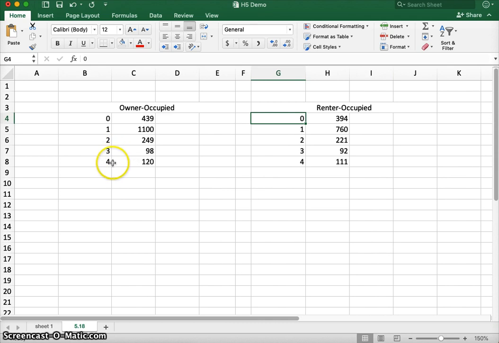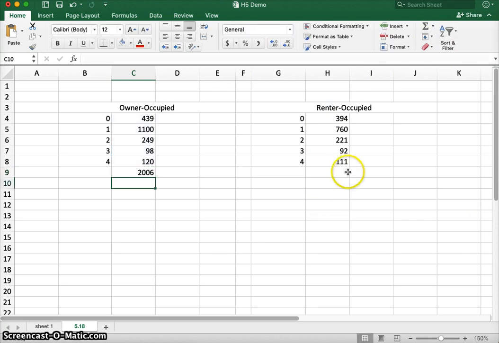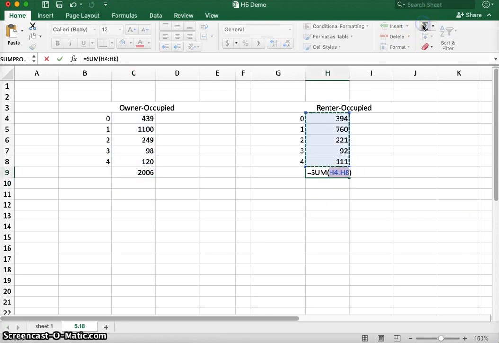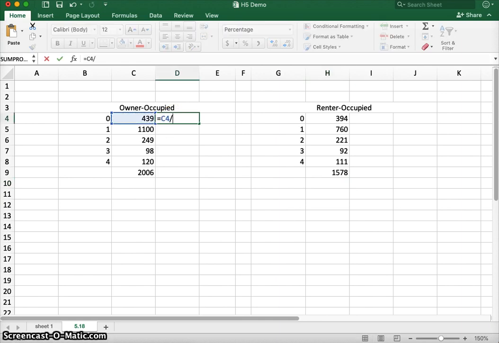So we know it's a discrete variable. What we want to do is make a probability distribution, which is a very simple thing to do. The first thing I'm going to do is add up all the times this happened, and I'll do it for both. Then I want to find what percentage of the total times this happened, and that's basically the probability. So this equals this divided by the total.